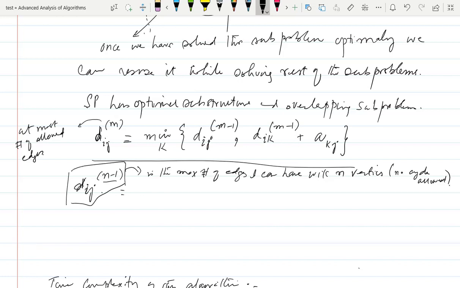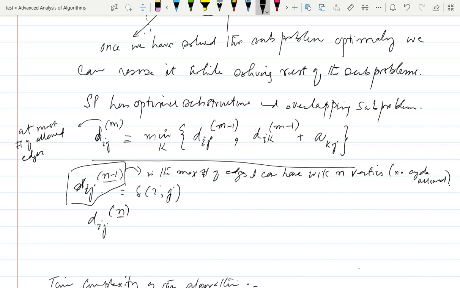So this will give us the Dij, which should be the final value in our matrix. So if I try to solve Dijn, that means what? We are trying to say that, okay, I will try to find the shortest path between i to j by using at most n number of edges. So remember that there will not be n unique edges unless there is some kind of a repetition in the edges.